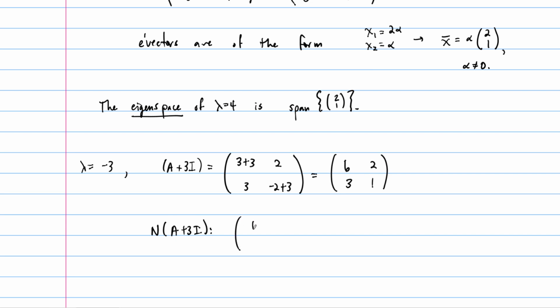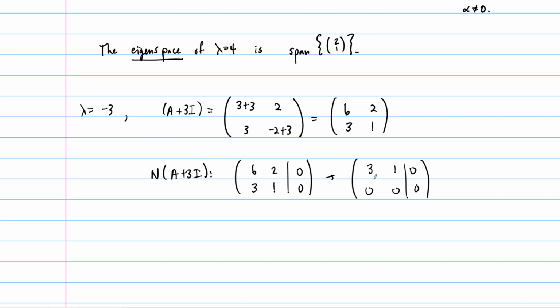So now we have the matrix 6, 3, 2, 1, augmented with 0, 0. This one reduces to, we can just rearrange this, 3, 1, 0, 0, 0, 0. This is not official row echelon form, but it's good enough to solve this. Now we can say, let x1 be the free variable.